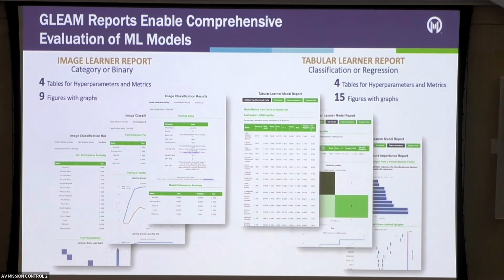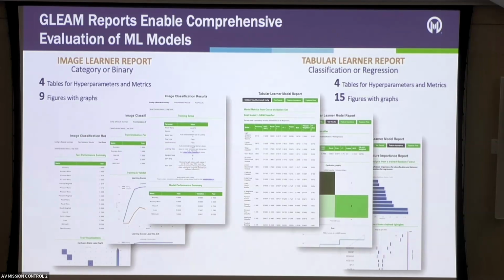And as I said, we want to have best practice, and GLIM has this amazing report that we are trying to make concise and also informative for the user. So, eliminate that black box from machine learning.